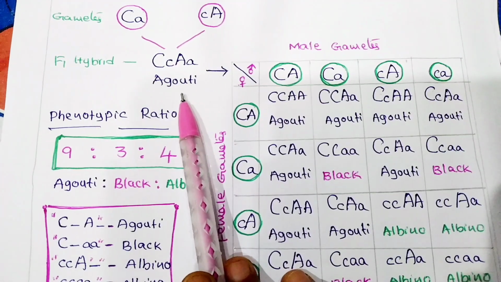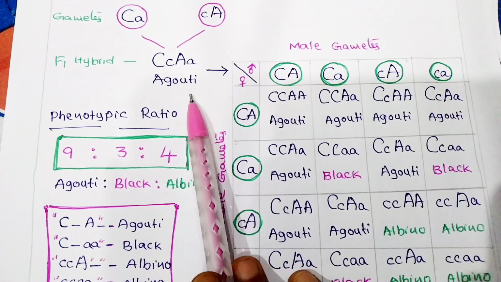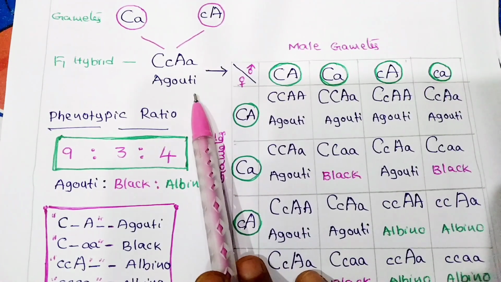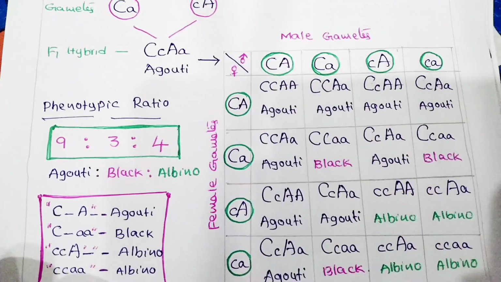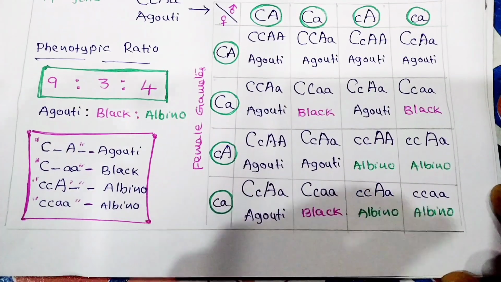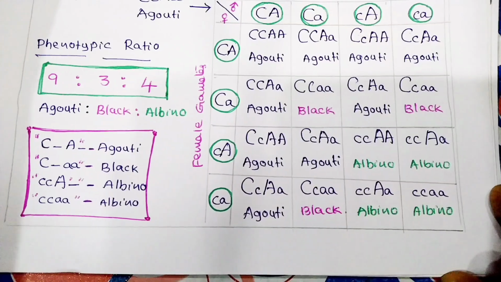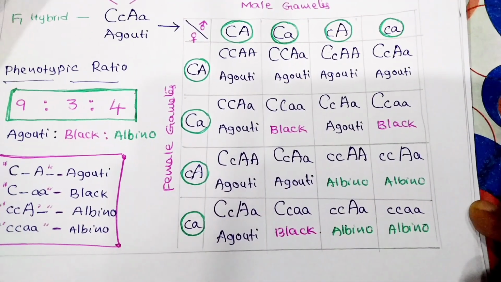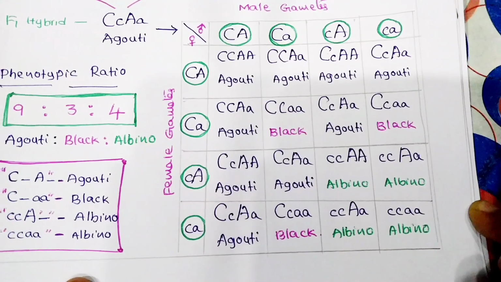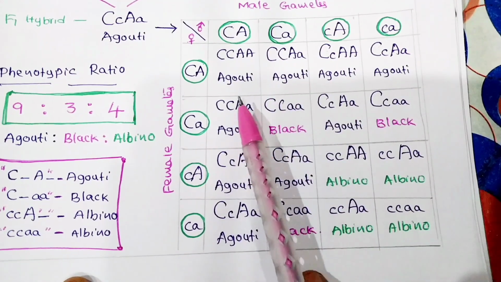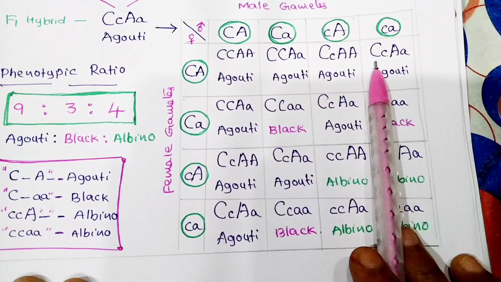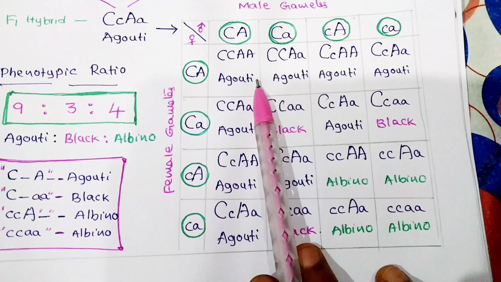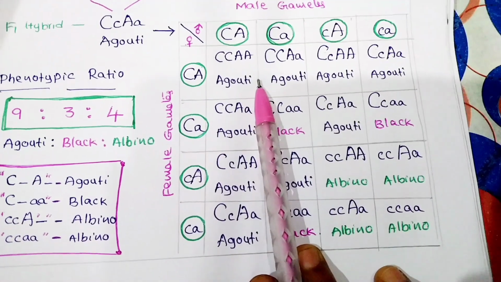Remember, when they are allowed to inbreed, there is a chance to produce 16 progeny. Have a look at the Punnett board. Here are the combinations. You have to remember the situations carefully. What are the situations?